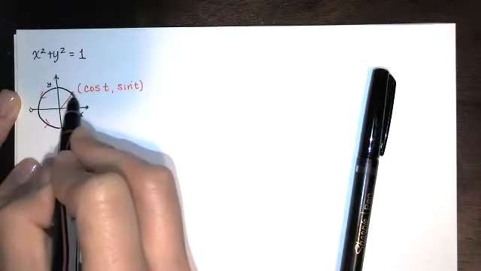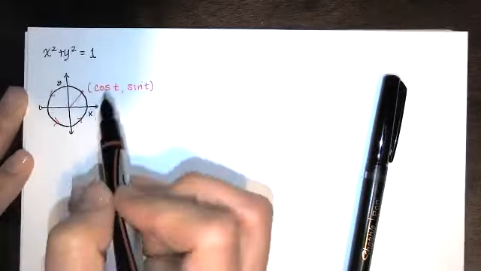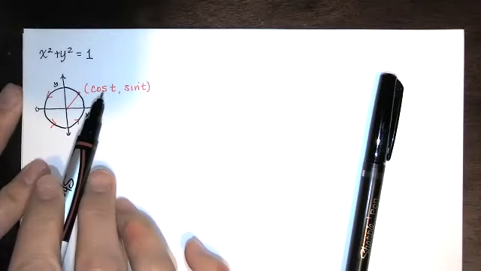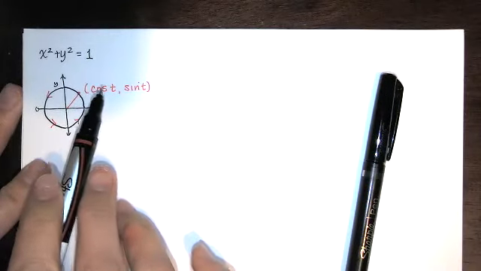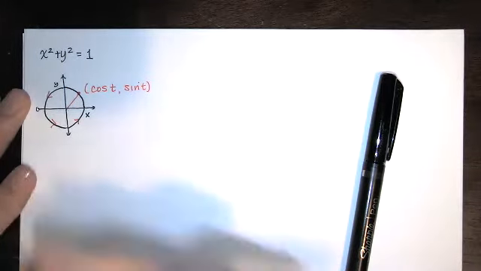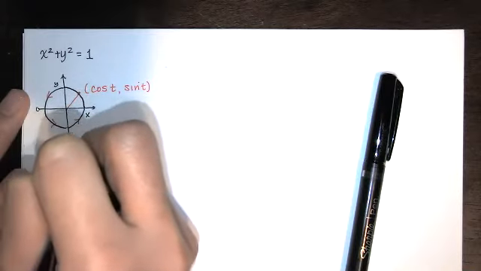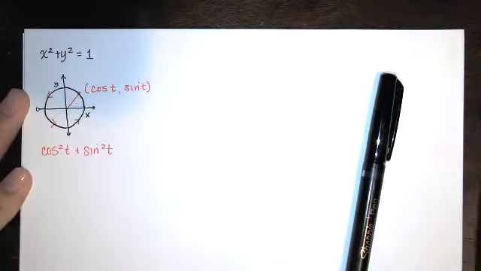And then as t increases, we go around and around that circle, and that point that is at that location sort of changes location as t increases. We go around and around. So if x is cosine of t and y is sine of t, and we substitute that into this equation, we get cosine squared t plus sine squared t equals 1.